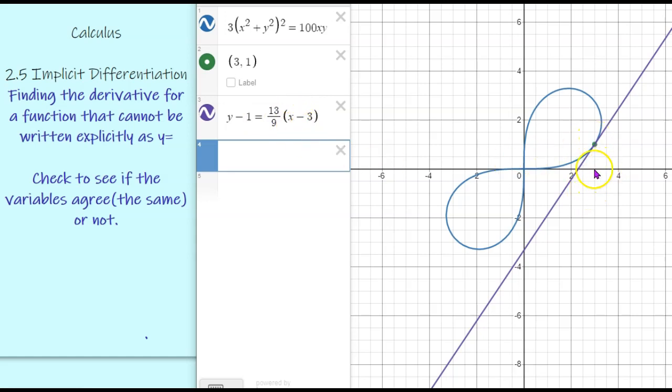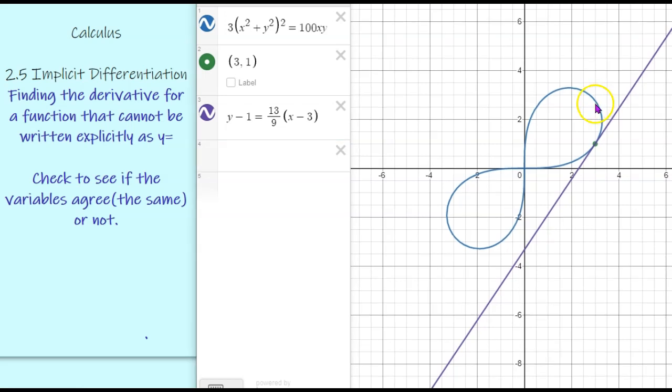So in this problem, you can actually see, because if we touch this twice, right above this point, which is 3, 1, we have another point that's 3 something else. I'm trying to get Desmos to mark it, and it won't. But we could find a tangent line here, and it would be a completely different point. And we could find a tangent, it would probably be perpendicular right there.